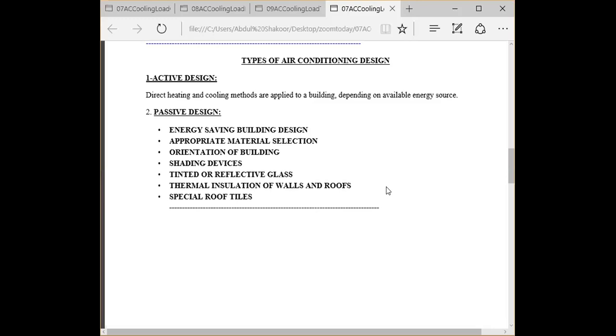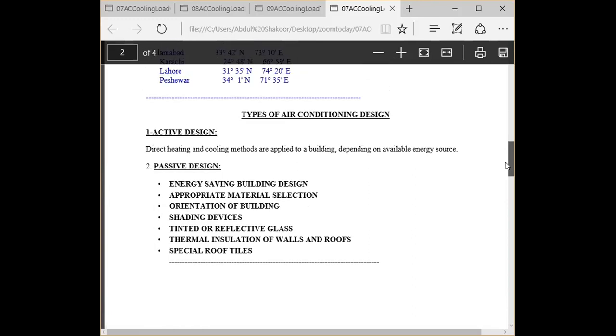So thermal insulation in walls and roofs should be used in order to reduce the cooling load. Now, special roof tiles. Special roof tiles have been designed which reflect most of the heat back to the air upward, and less heat is absorbed by the surface of the roof, and less heat is transmitted into the building. These aspects are very important.